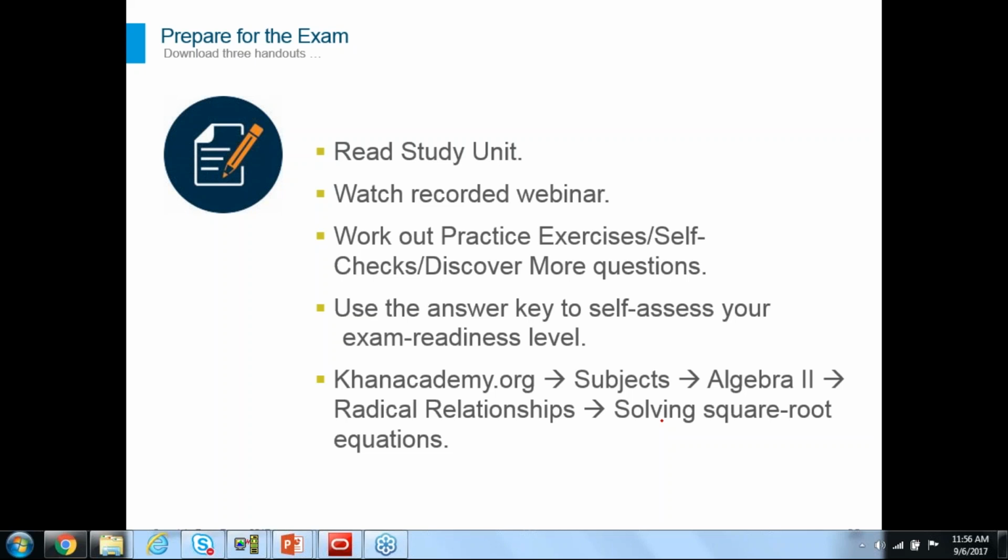Within those Khan Academy presentations, you will hear the word extraneous solutions. We did not discuss that in this webinar or the study unit. So if you hear extraneous solutions, I just want to let you know what it does mean, but you will not be asked about that in the exam. It means that when you solve a radical equation algebraically, you find out multiple solutions to the variable, but not all solutions would be a real solution that you can use.